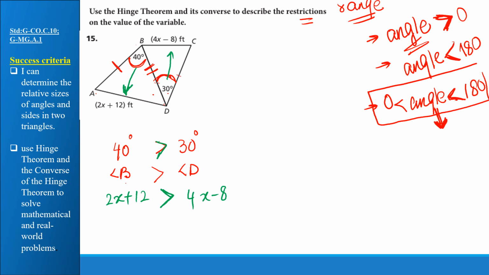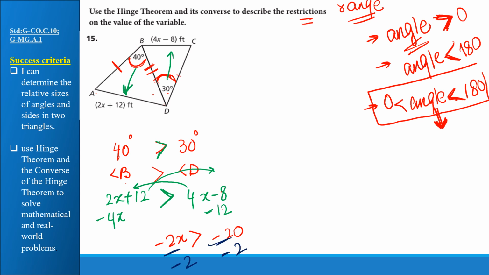Now solve for x. Let's bring the 4x to the other side, so 2x minus 4x, and bring the 12 to the other side, so you will get negative 12. 2 minus 4 gives me negative 2x greater than negative 8, negative 12 gives me negative 20. We have studied inequalities: now divide both sides by negative 2.